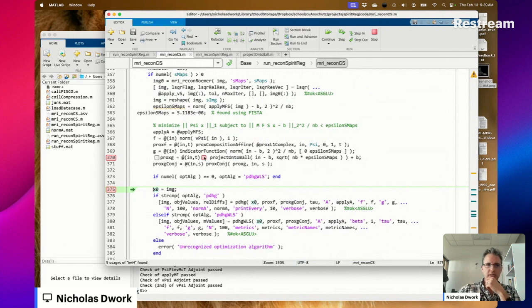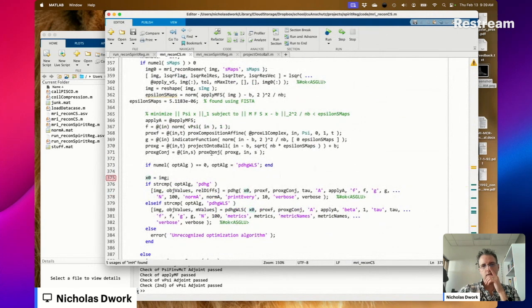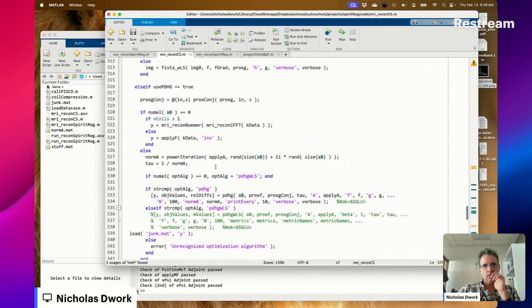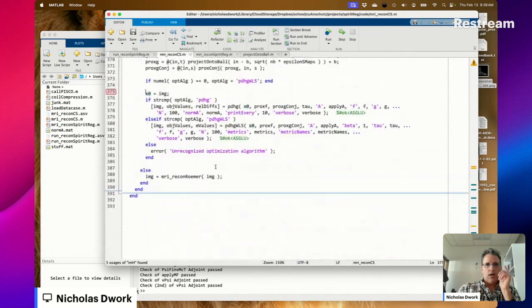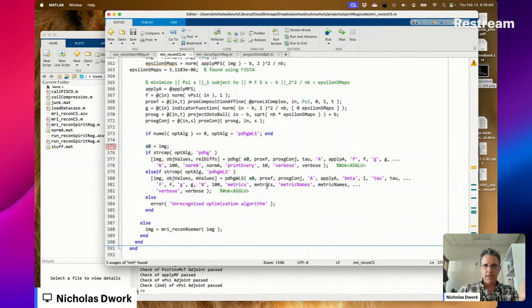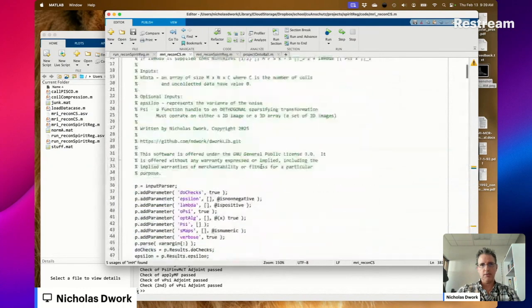Okay, the projection is doing what it's supposed to do. I have this ability to pass in metrics into PDHG with line search.